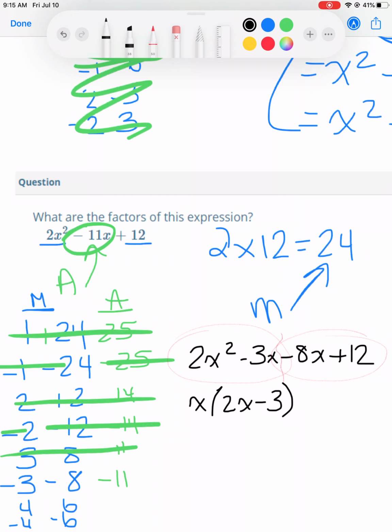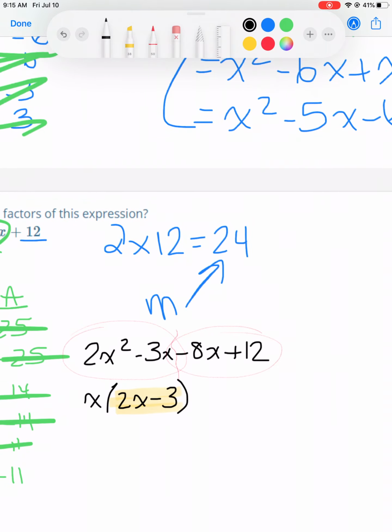So essentially what you want to do, sorry, I should have said this first. You want to have both those brackets be the same thing. So you want it to be like 2x minus 3. Well, if that's the case, what's left over?